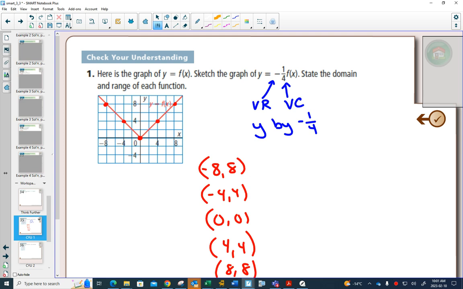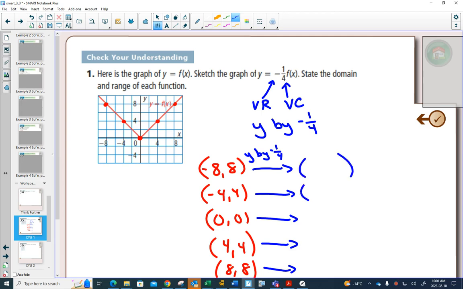Those are the 5 points that I have listed there. And we're going to change them. So I draw an arrow to say these points are going to get changed. And the way that we're going to change them, because we wrote out above this arrow, I'm going to say what I'm going to do. I'm going to multiply my y values by negative 1/4.